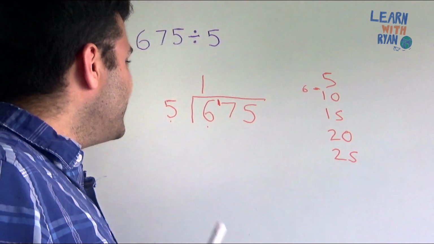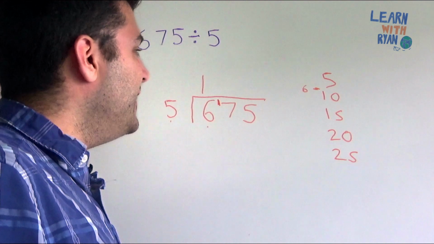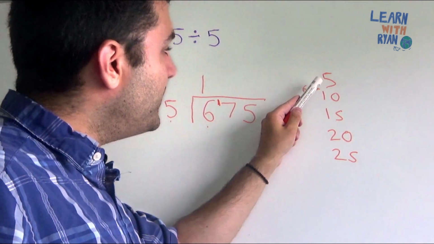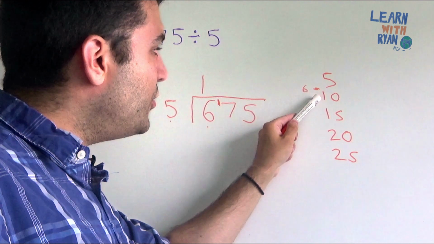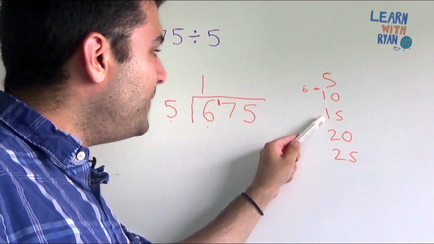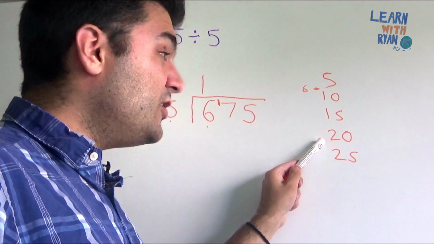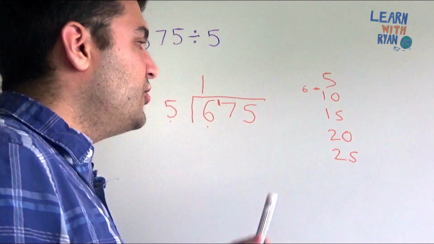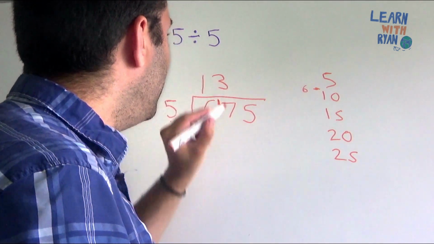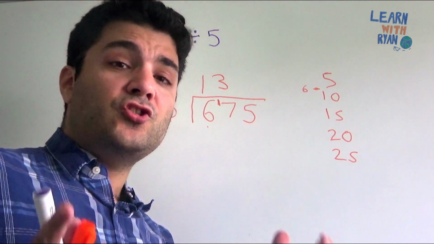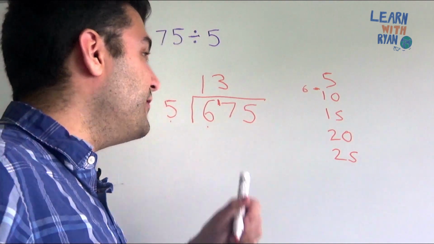Next, how many 5s in 17? Again, I have a look at my 5 times table. That's 1 five in 5, 2 fives in 10, 3 fives in 15, 4 fives in 20, but that's too many. So we stop at 15. That's 3 fives in 15, but then there's 2 left over to get to 17.